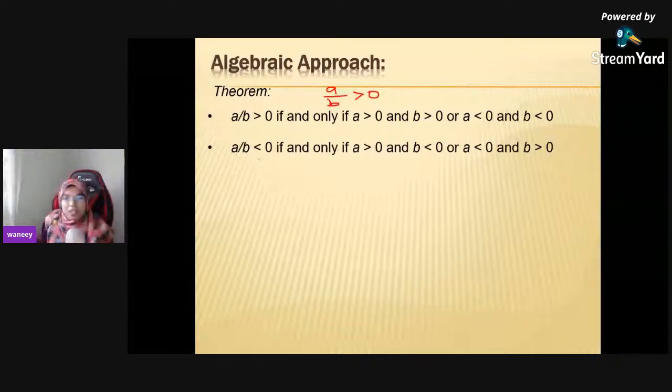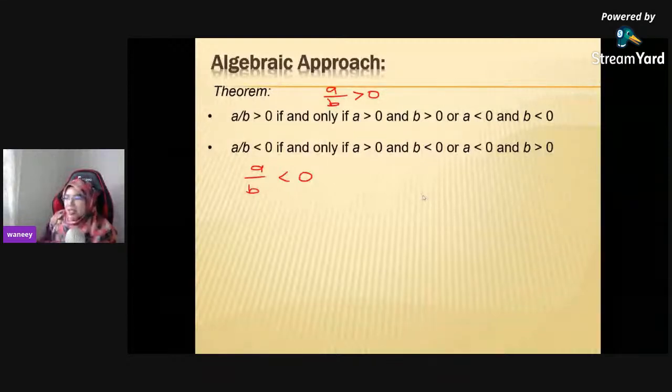So A over B is less than 0 if and only if A is greater than 0 and B is less than 0. So A over B, if we want this to be less than 0 or some negative number, that means if A is a positive number, B definitely is a negative number. So positive over negative, then the answer will be negative.